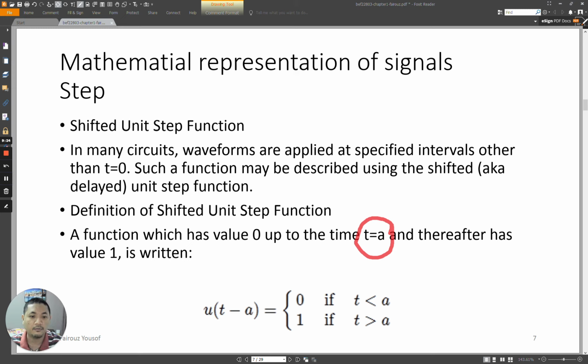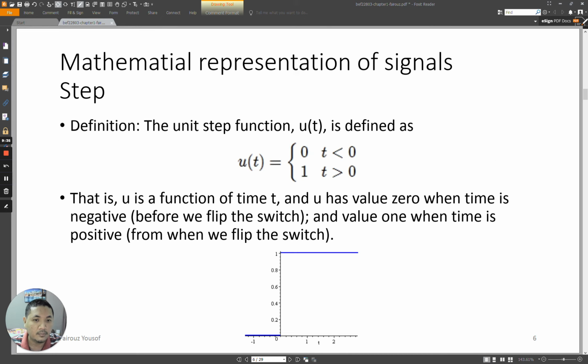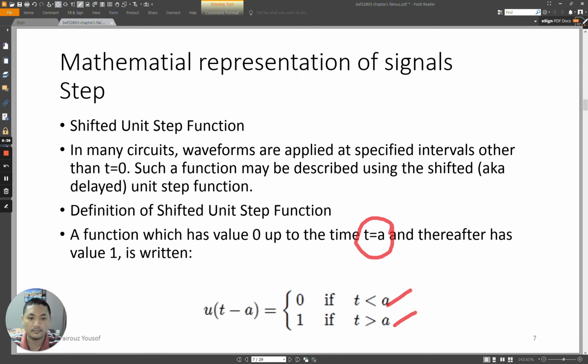So a can be any value, 1, 2, 3, or even negative 1, besides 0. Okay, so if the switch from 0 to 1 happens at t equals a, for example, then we can just simply change this to a, where the switch happens, and then instead of u(t), you have u(t minus a).